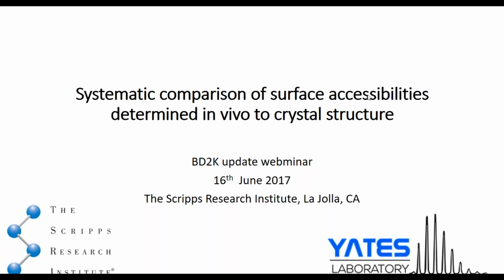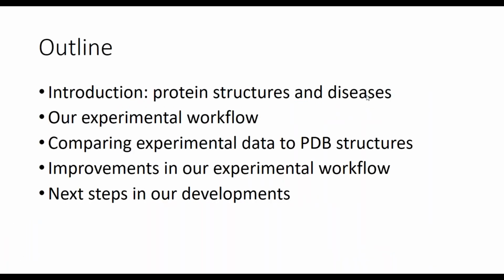So let's see. The outline is going to be this. I'm going to start with an introduction of why we are interested in protein structures and what links exist between protein structure changes and diseases.